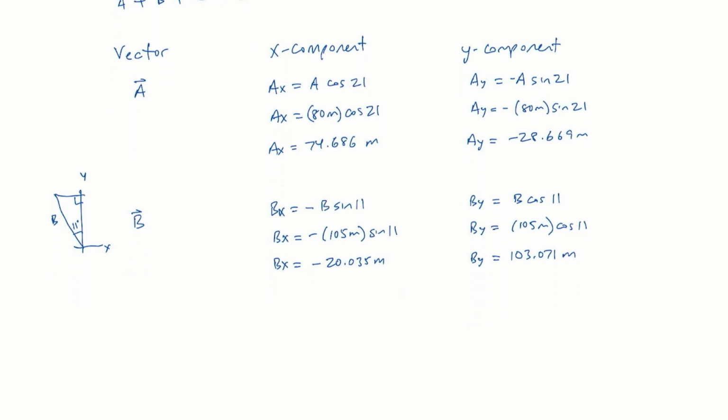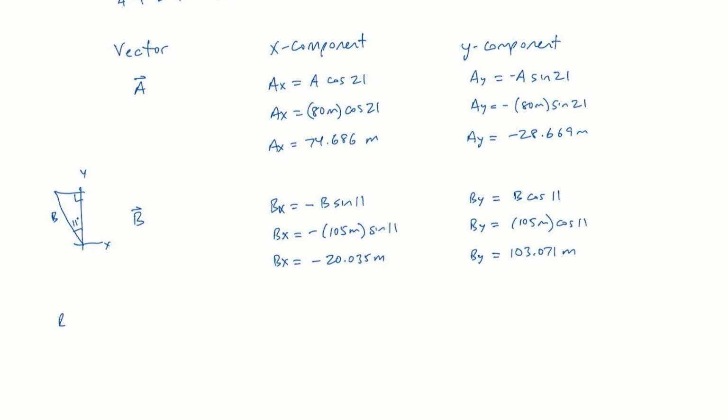Now we can say vector R is A plus B. And so Rx is AX plus BX, which is 54.651 meters.